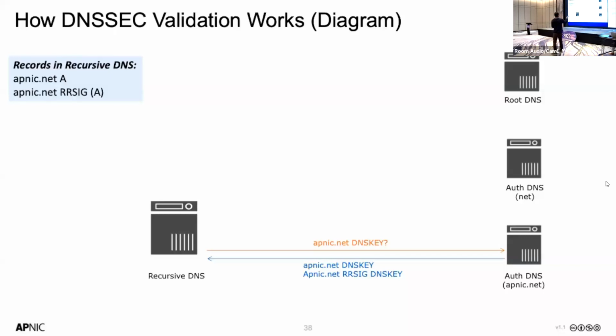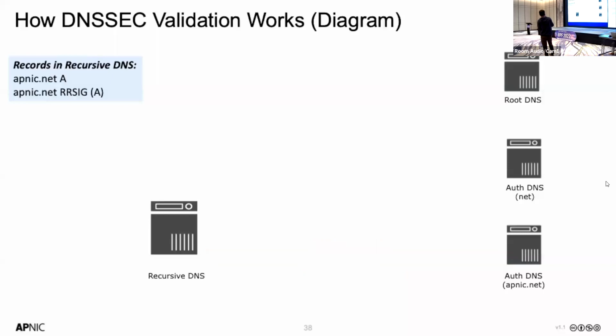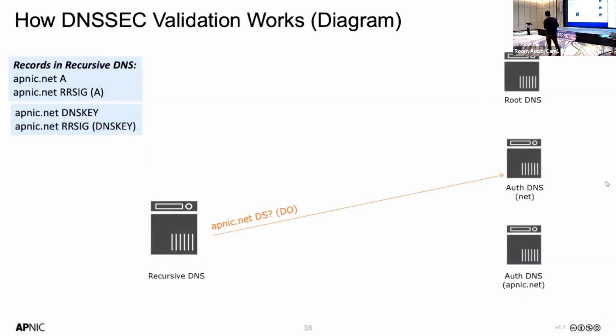So let's say it first looked for the key, it found the key, it verified the signature there. Now it needs to know whether there is a DS record in the parent zone. All the terminologies that we have learned earlier today are going to be here in this picture. So the delegation signer, or DS, we have learned earlier, right?